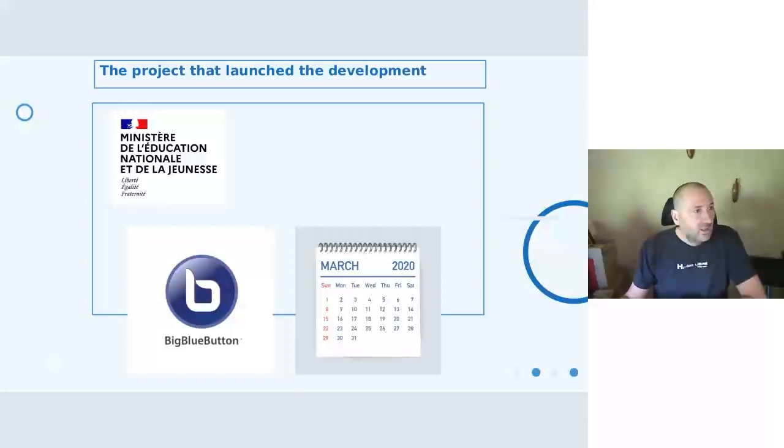So let me now present the project that launched the development of DiViM-S. The French Ministry of Education, called Ministère de l'Éducation nationale et de la jeunesse, is France's largest employer. It contacted Arawa in March 2020 when working from home became very fashionable. I think it rings a bell.